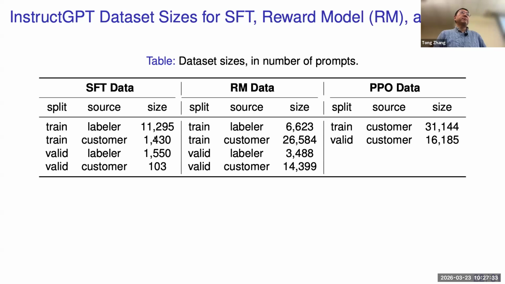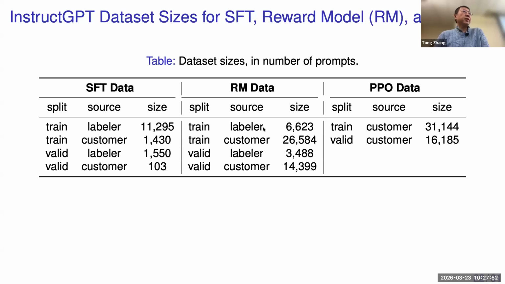They have a smaller number of prompts from customers for the SFT, because I think they want broader task diversity. Basically, this is what their distribution is.